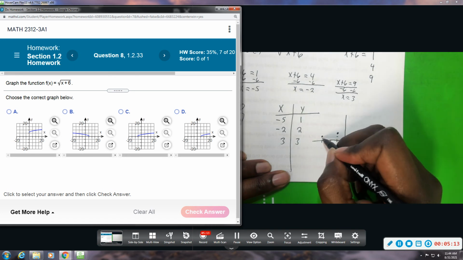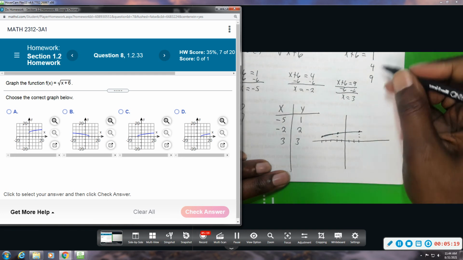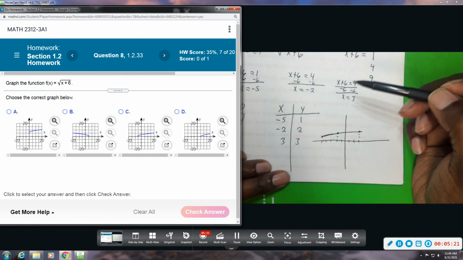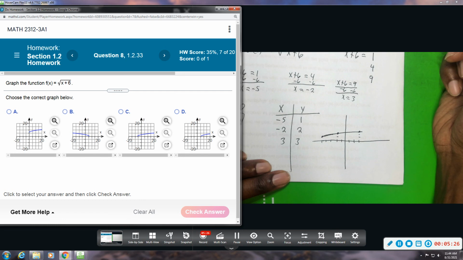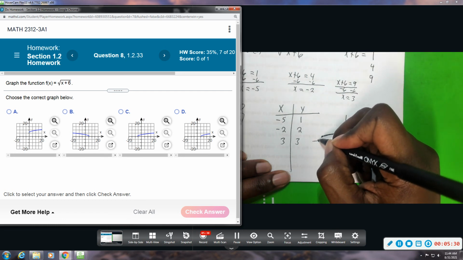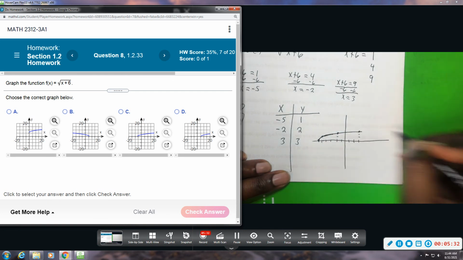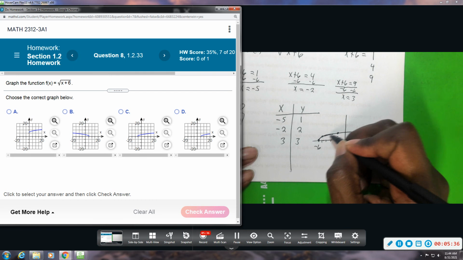So it looks like this graph would be curving this way. And if I wanted my answer x plus 6 to equal 0, then I would need to plug in negative 6. So if I went one more, that would give me 0. So my graph is looking like that. It's starting at negative 6 and curving to the right.